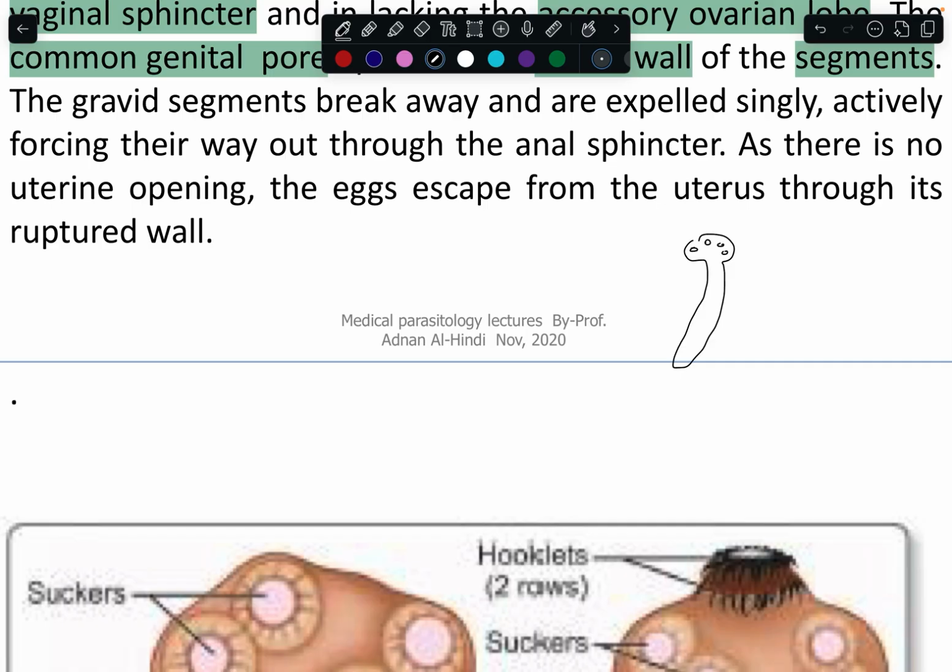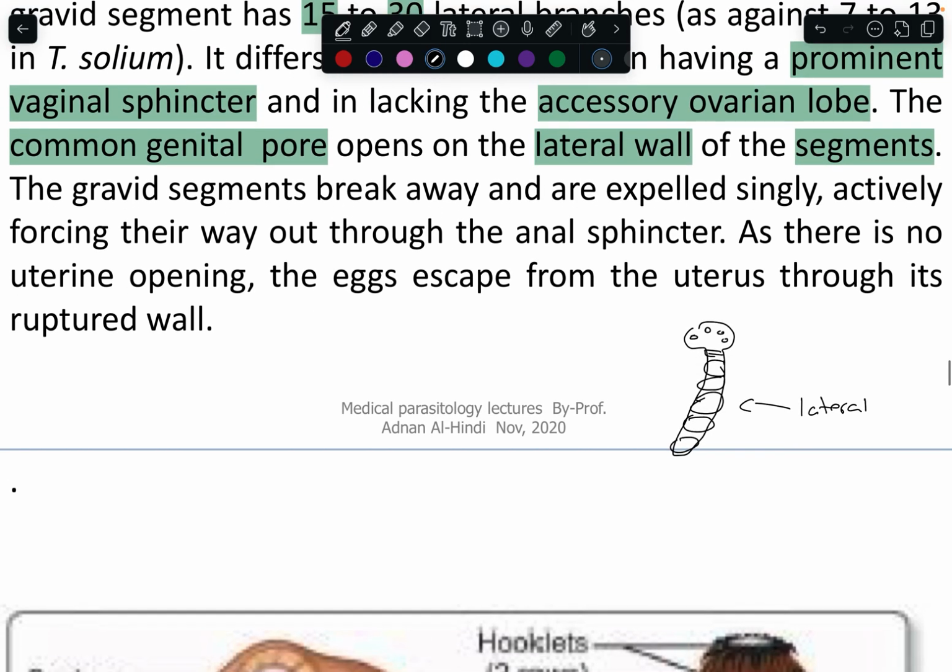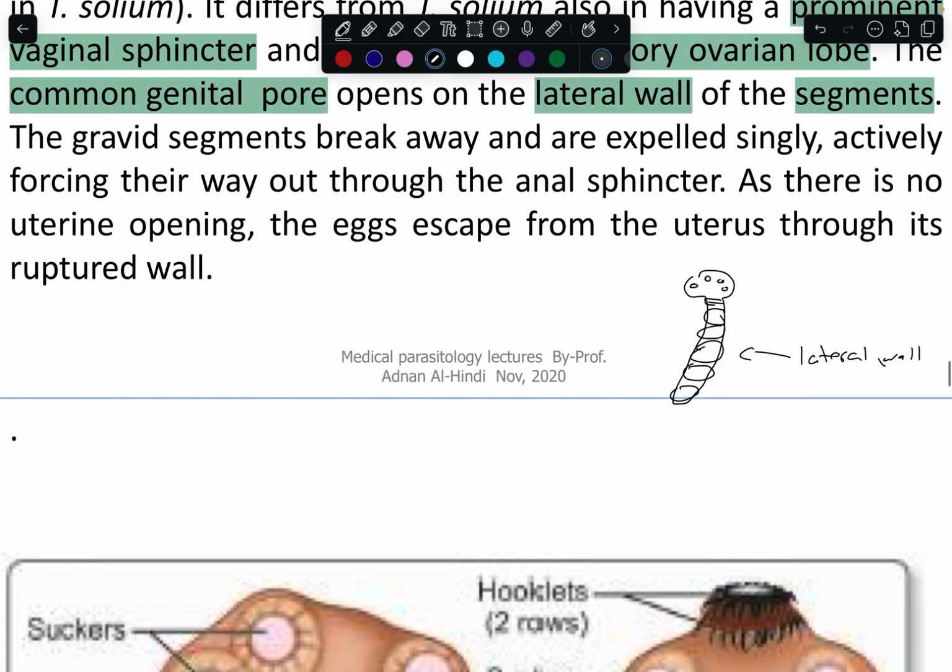Suckers. This is the neck. Segments. The lateral wall has the common genital pore.